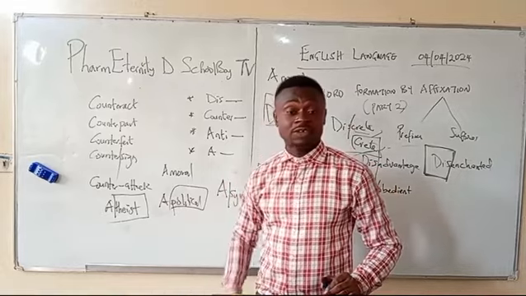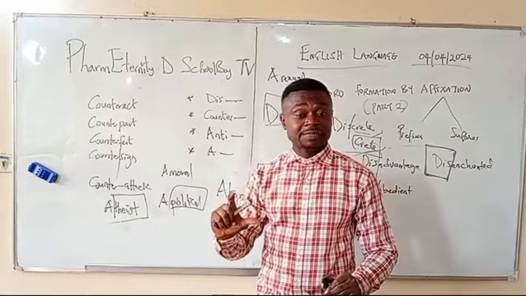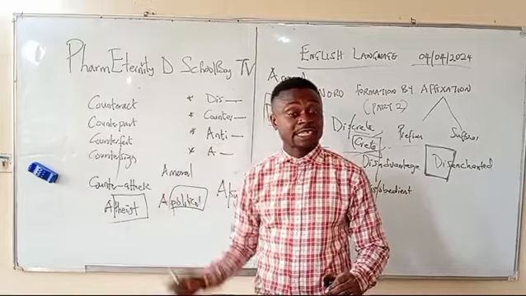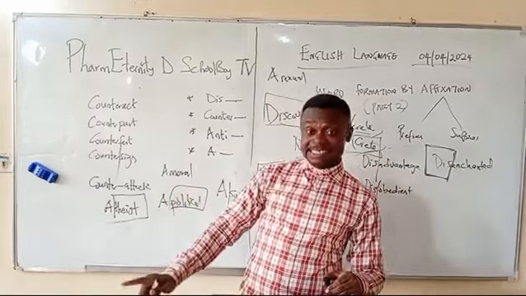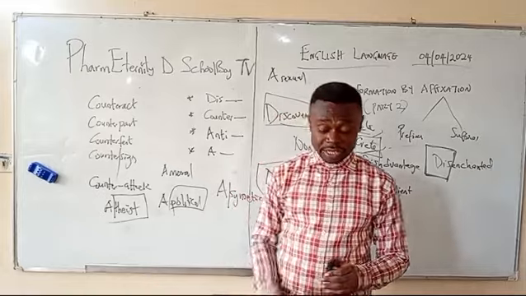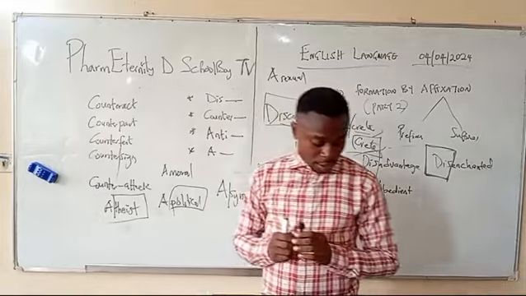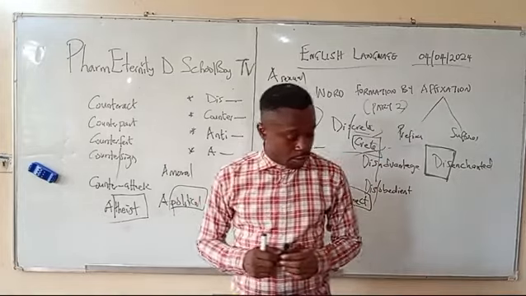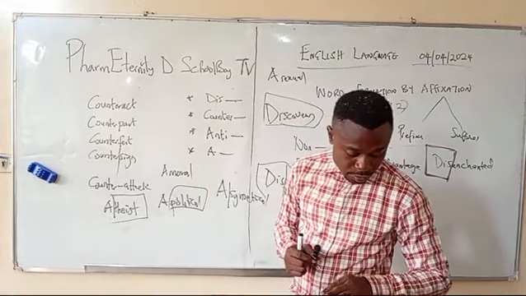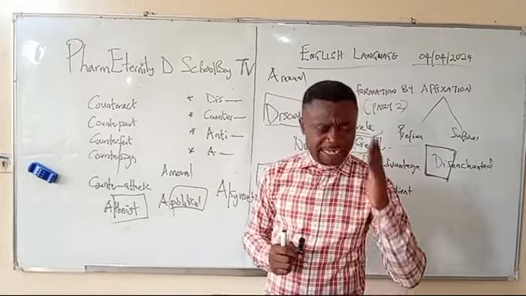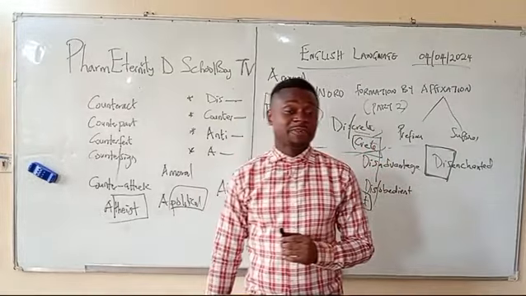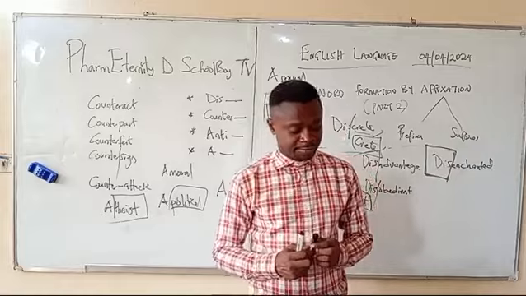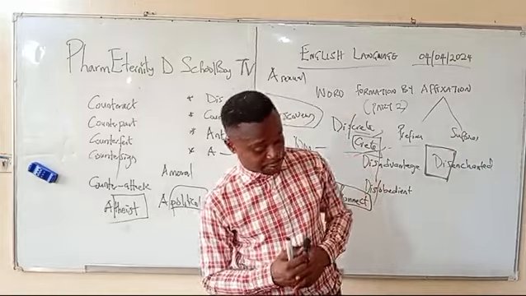An atheist is someone that does not believe in God, because a theist is someone that believes in God. Okay, there are many of them. You can find out more words you can form by adding the prefix a or an, as the case may be.